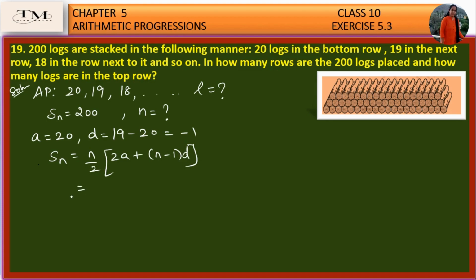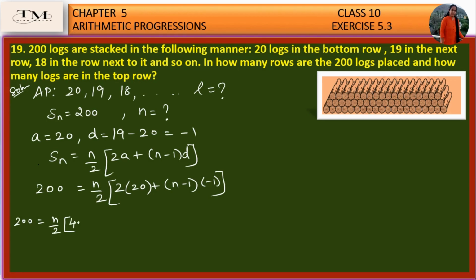Sn is 200, so 200 equal to n by 2 into 2 into 20, which is 40, plus n minus 1 into minus 1. Multiplying with minus 1, n into minus 1 is minus n, and minus 1 into minus 1 is plus 1.